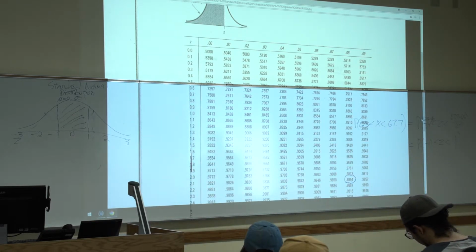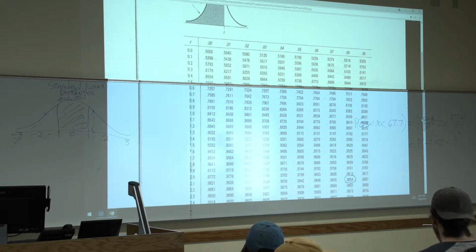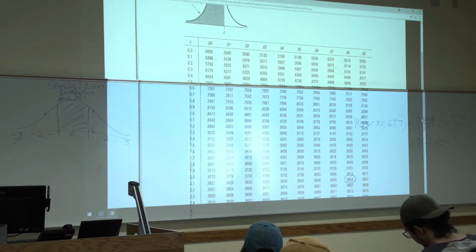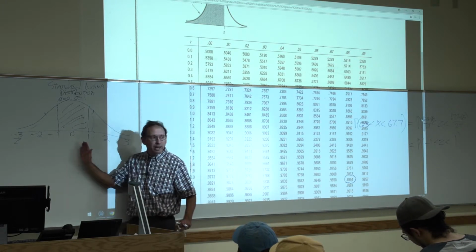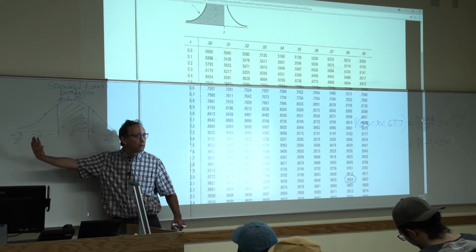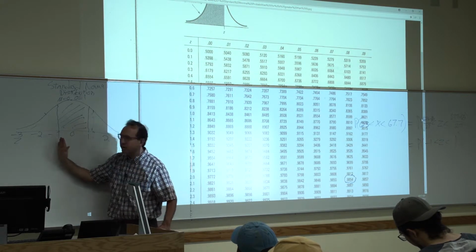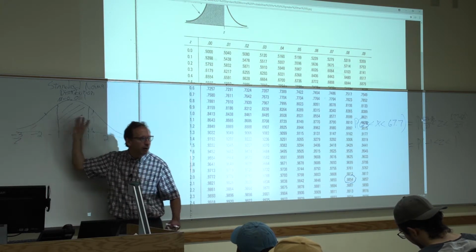What approach can I take here to figure out that area under the curve? What do you think? Well, one way I could do it is to figure out the area to the left of 1, and from that subtract the area to the left of negative 1, and that'll give us the area that we need, right?